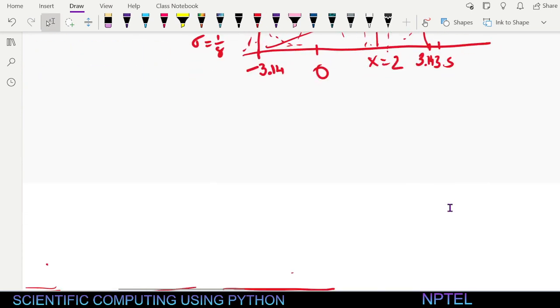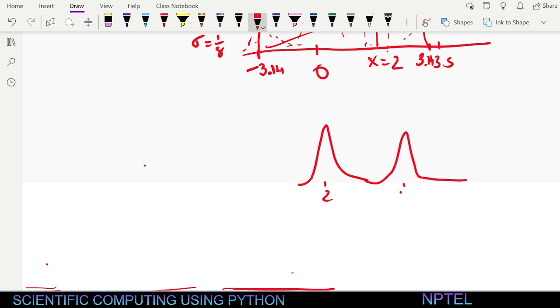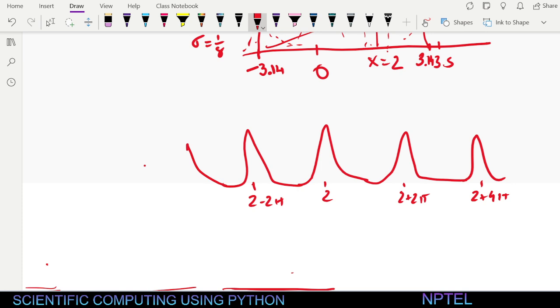The other way to think is that you don't have a single peak at 2, but rather you have a peak at 2 plus 2 pi, then 2 plus 4 pi, similarly 2 minus 2 pi, 2 minus 4 pi, etc. Okay, and this entire train is moving to the right with 1.5.